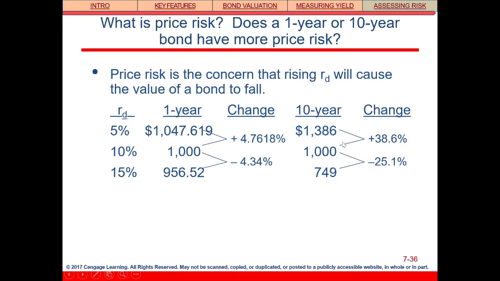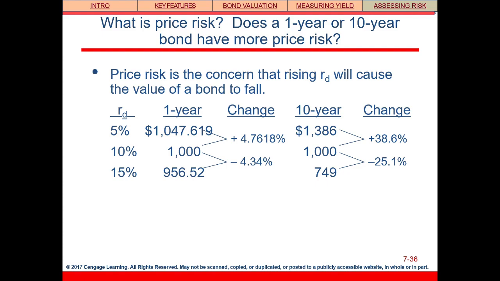For this 10-year bond, if the market interest rate declines from 10% to 5%, the price increases by more than 38%. But if the market interest rate increases from 10% to 15%, the price declines by more than 25%.